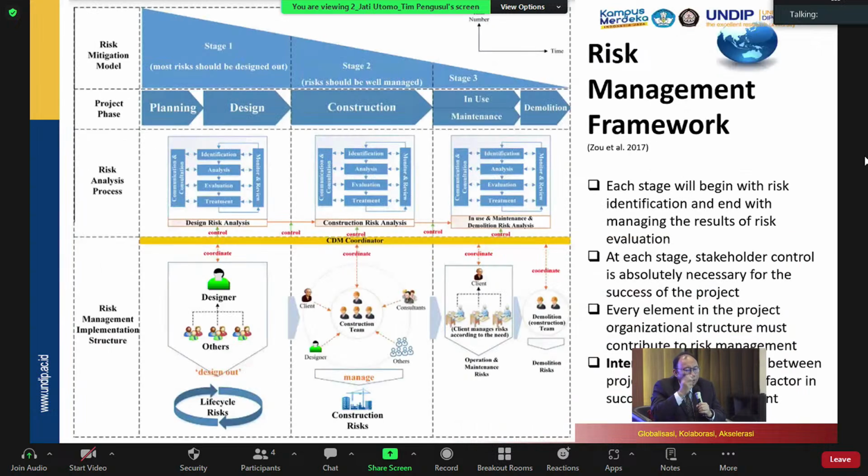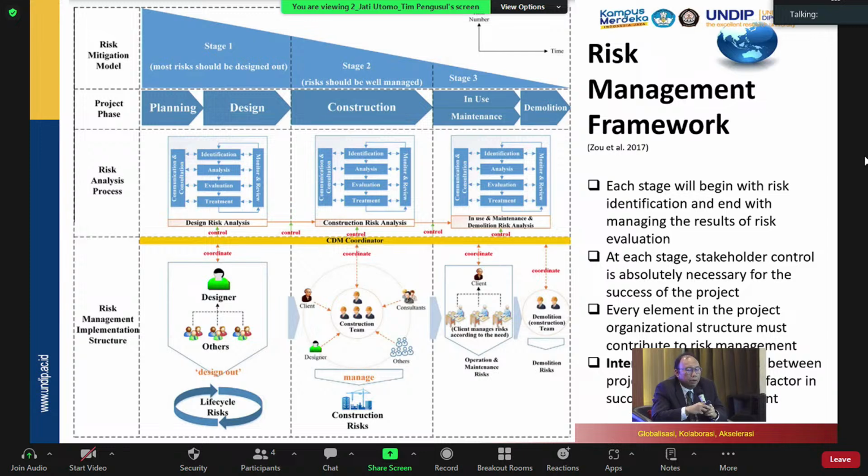Okay, this is a risk management framework from Zhu et al., 2015, where we can see that during all the project life cycle, the project phases, from the planning, design, construction, and maintenance, operation, and demolition, we can always have a risk analysis process throughout the project life cycle, which includes the identification of risk, the analysis, the evaluation, the treatment, and the monitoring.